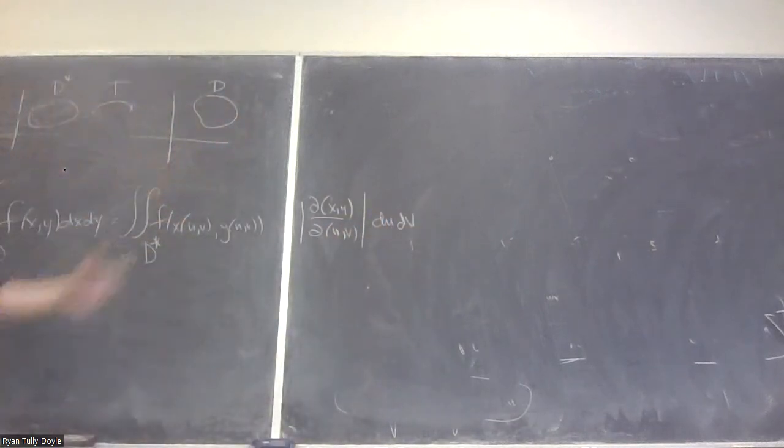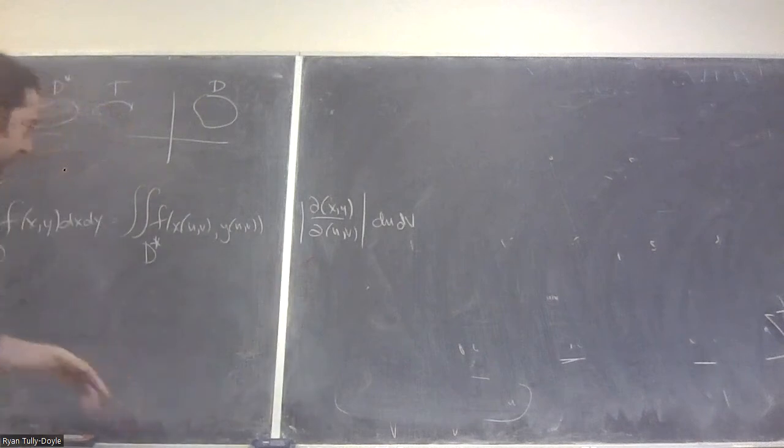This was the change of variables formula, right? It basically gives you a way of moving from one type of variables to another type of variables by substitution.